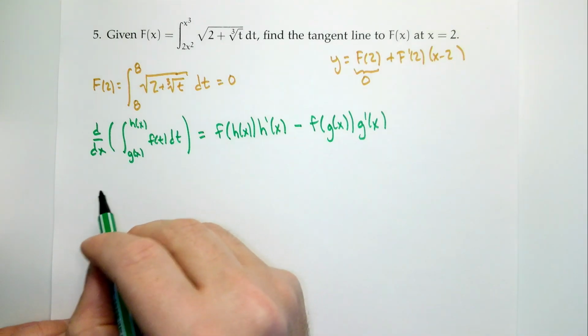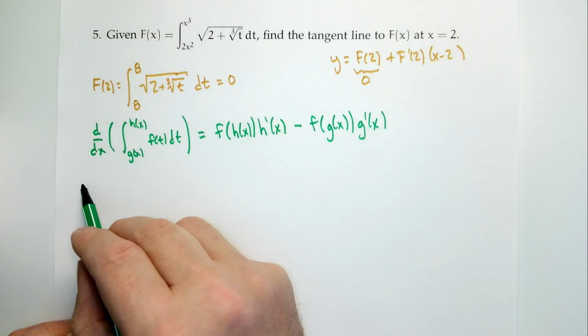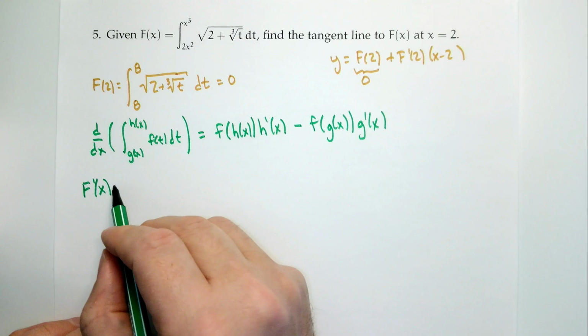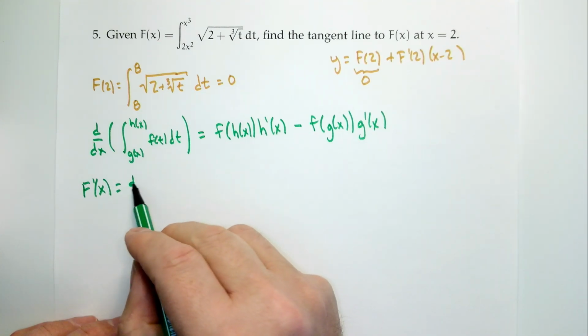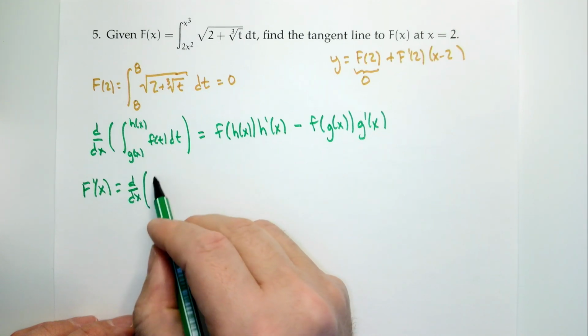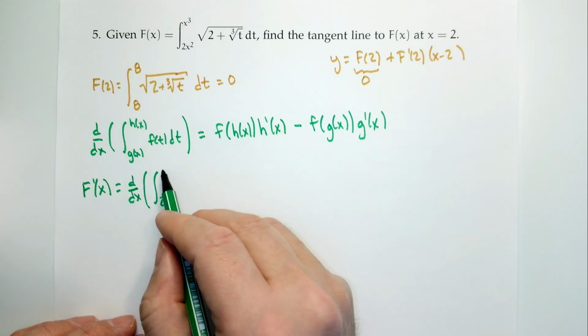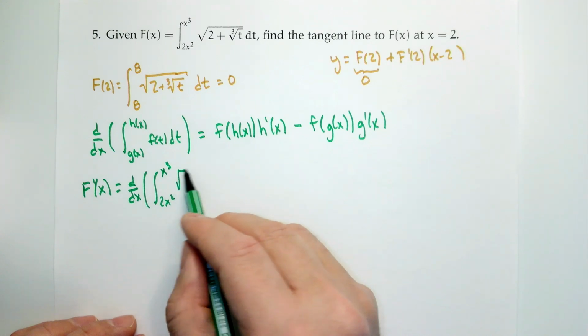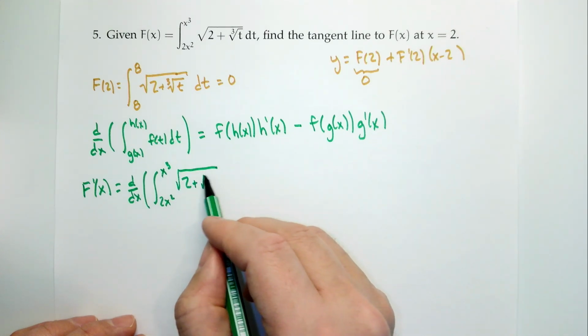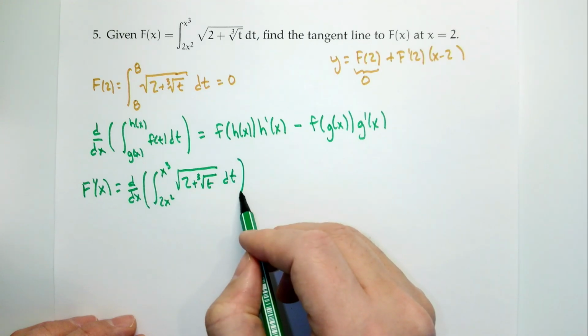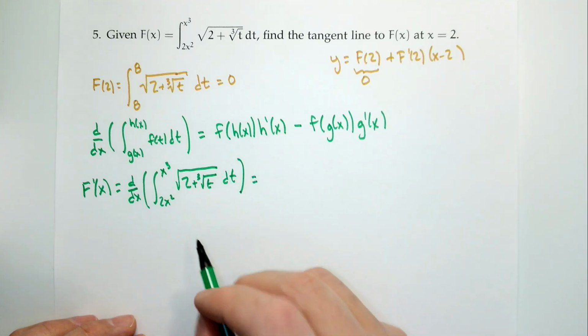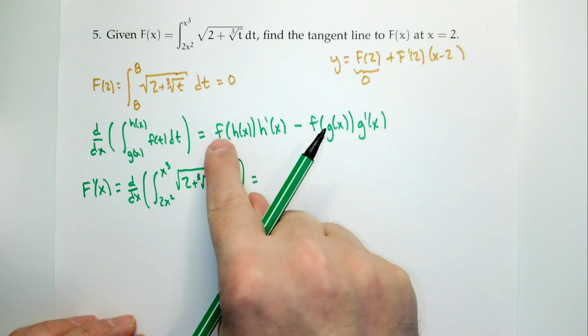So what does that tell us? It tells us that capital F prime of x, the derivative of the integral from 2x squared to x cubed of the square root of 2 plus the cubed root of t dt, is, let's identify the little f here.